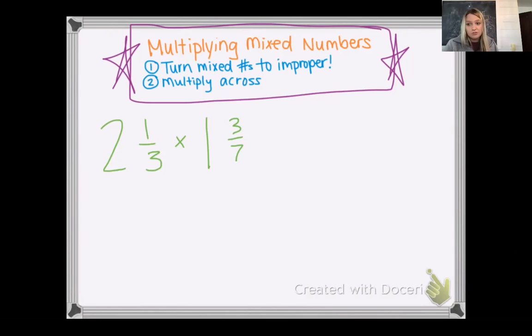I'm going to start with the 2 1/3. Remember, make it mad: multiply, add, denominator. So 3 times 2 is 6. Then I add on my 1, I get 7. And I keep my denominator, which is thirds.